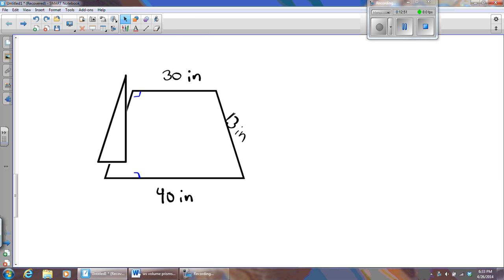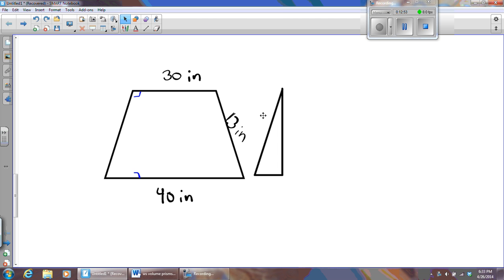But watch what happens if I move this triangle over here. Let me put that back in, and I guess I better show you a segment so my shape stays closed. All right, there we go.